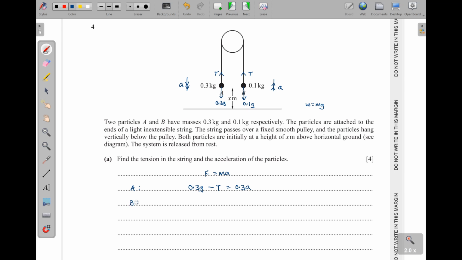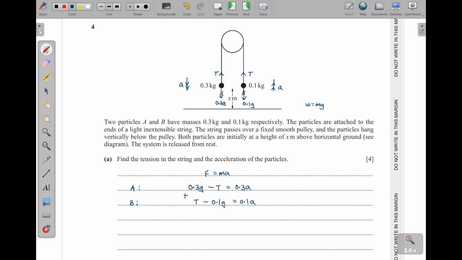And then when we go to B, the net force: the tension is bigger than the weight, that is why B is moving up. So we shall have the tension minus 0.1g is equal to 0.1a.